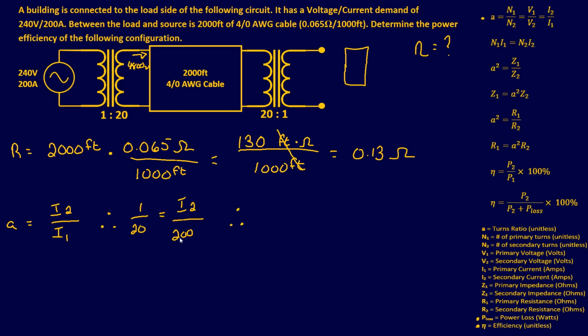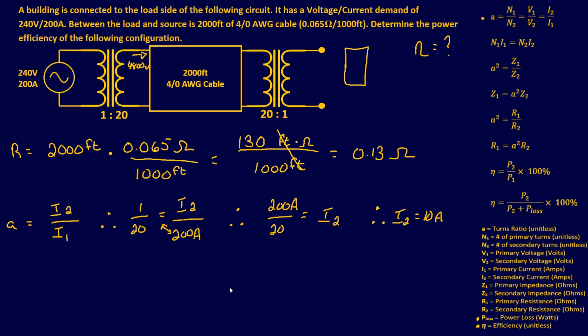If I multiply 200 times 1 over 20, 200 over 20 equals I2, which means we're going to have a current of 10 amps.